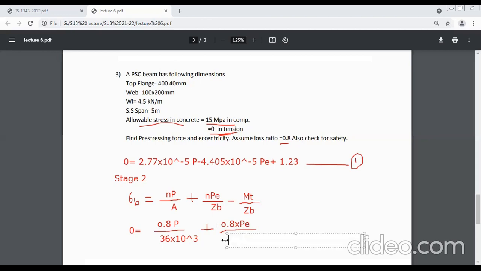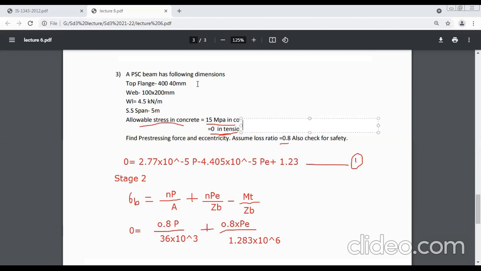Moment of inertia is 196.8 into 10 raised to the power 6 divided by YB, which is 153.50. It will be 1.283 into 10 raised to the power 6.